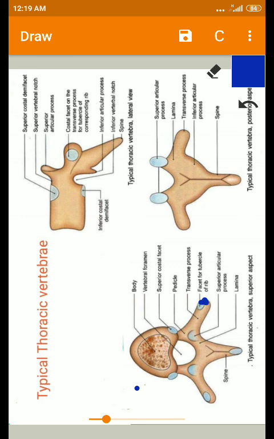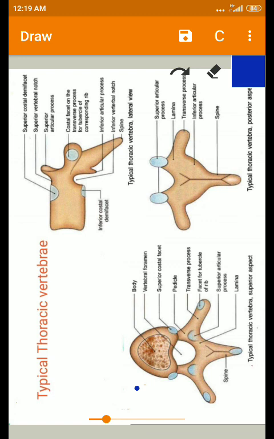The posterior costo-transverse ligament is present at the base, below the base. So you have to understand the superior and posterior costo-transverse ligaments. To the lower border of the transverse process the superior costo-transverse ligament is present, and below the lower border it has a base, which is attached to the posterior costo-transverse ligament.